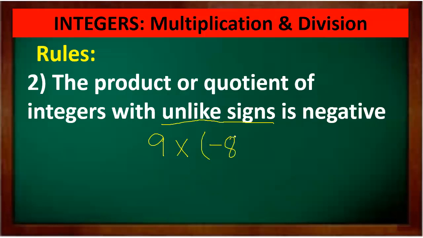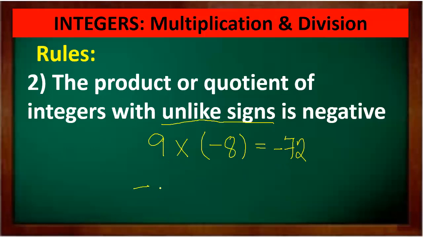So see, we have now different signs, unlike signs, because 9 is positive while 8 is negative. So still we're going to get 72, but this time, our sign will be negative. Okay? Because magkaiba silang sign. They are not like signs. Unlike signs sila. So positive times negative will give you a negative answer.